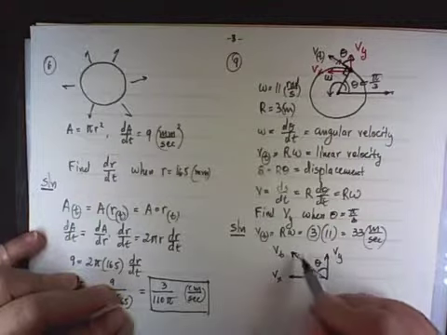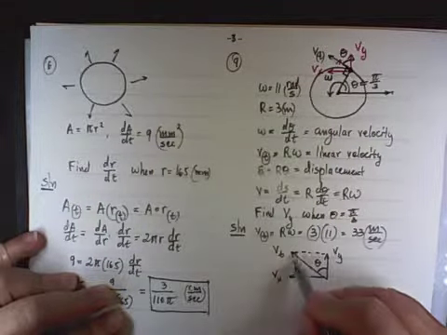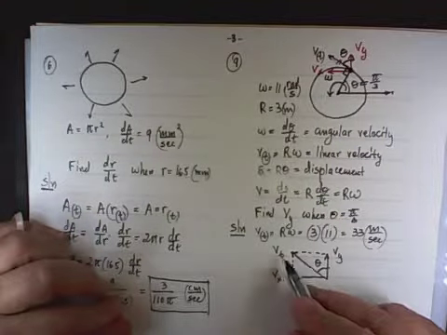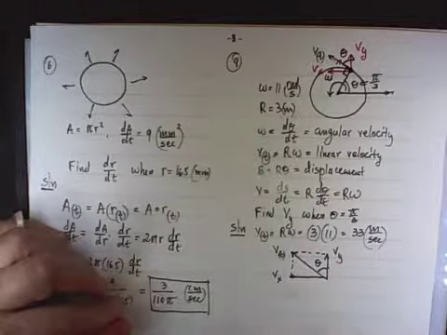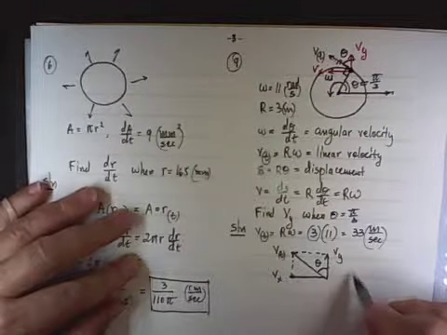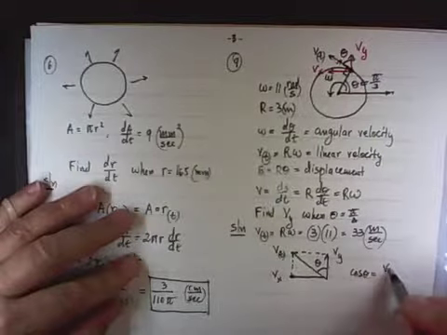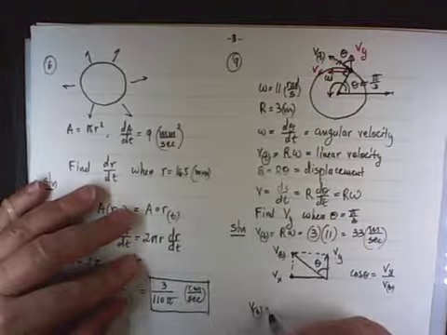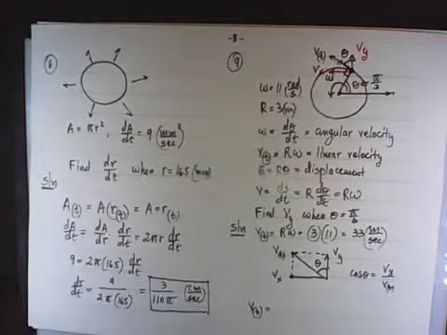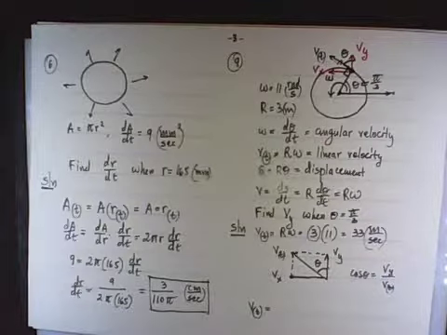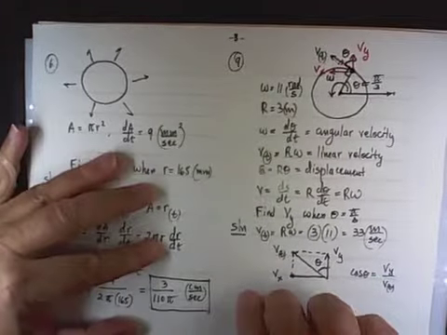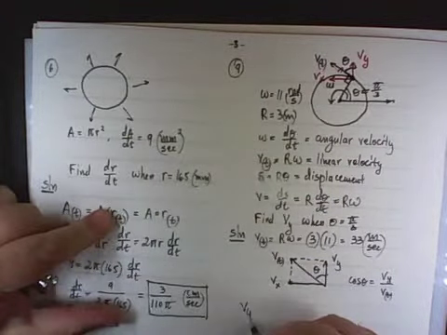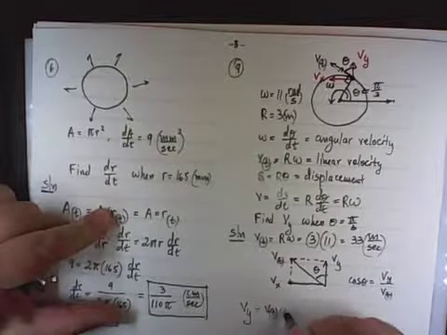And therefore, if you complete and do the parallelogram, V sub y is the adjacent, V of t is the hypotenuse, so cosine theta equals V sub y divided by V of t, and therefore V sub y equals V of t cosine theta.